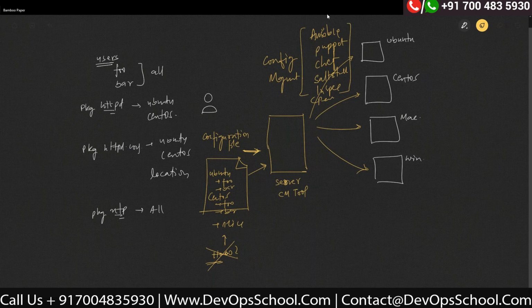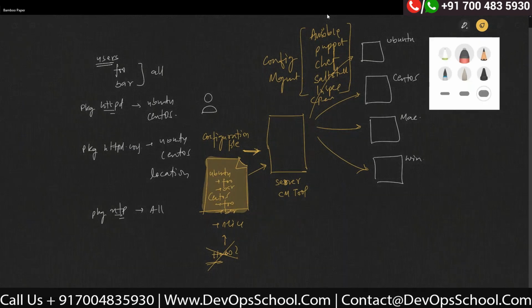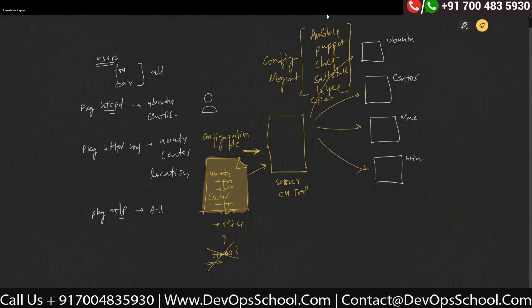And this methodology of having the configurations in a single file, or multiple files, as a piece of code. So your server configurations are present as a piece of code, right? This way of managing your infrastructure is known as infra as code. Infrastructure as code.